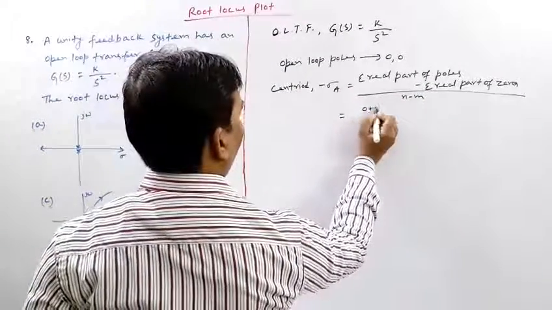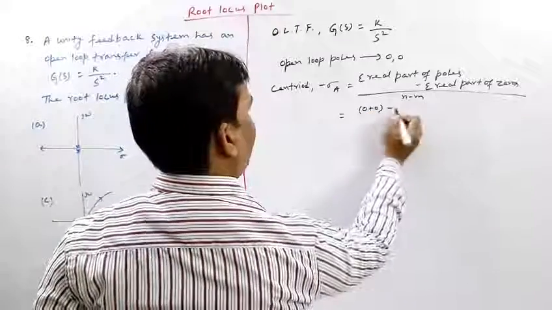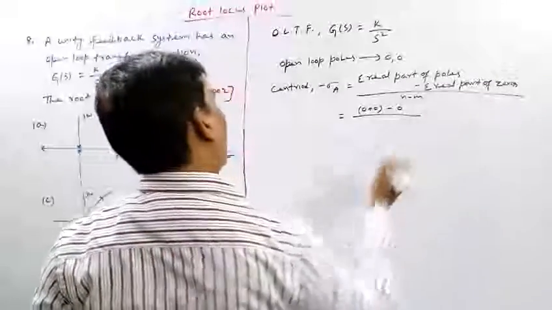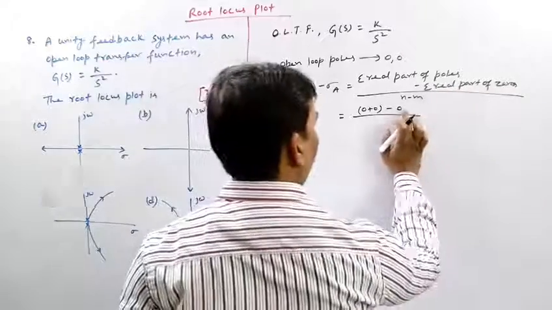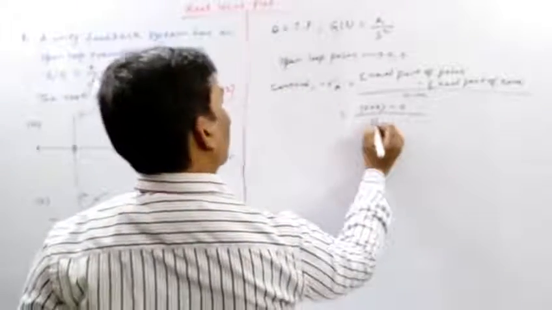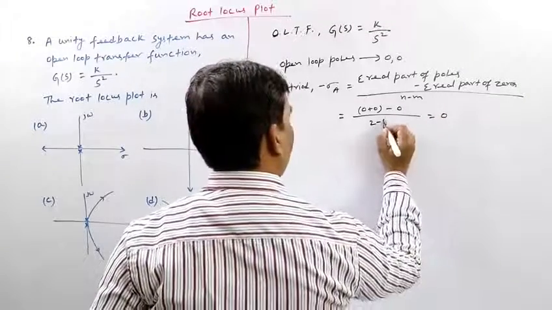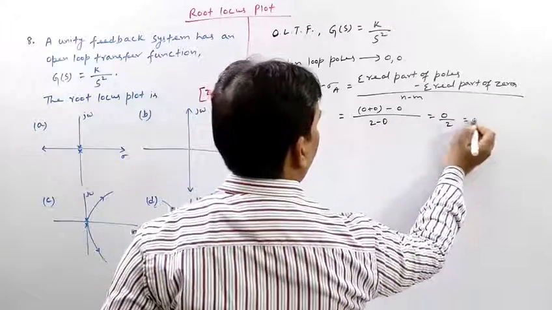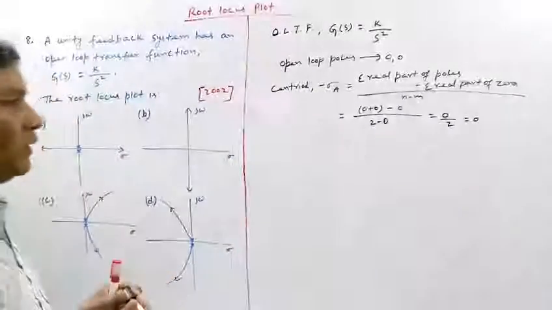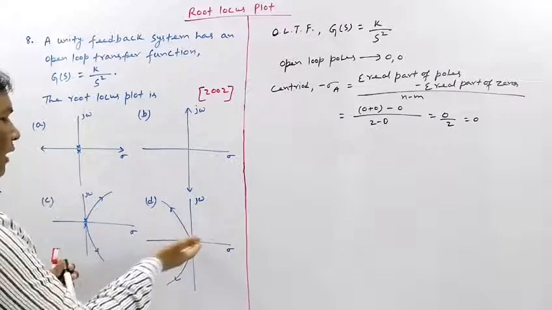So 0 plus 0 minus, there is no zero, so let me write it as 0. So 0 divided by 2 will be 0. So the centroid will be at 0, means the centroid will be at the origin.